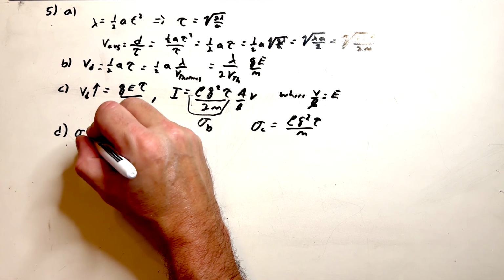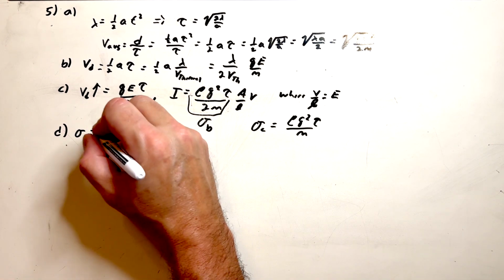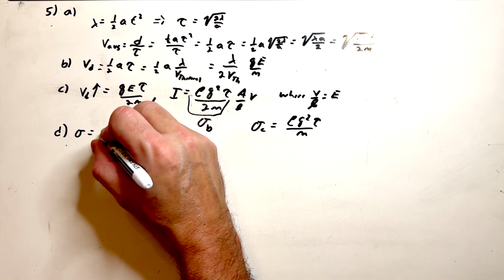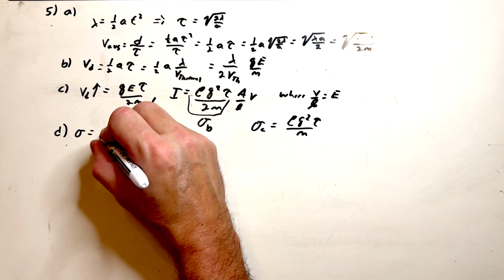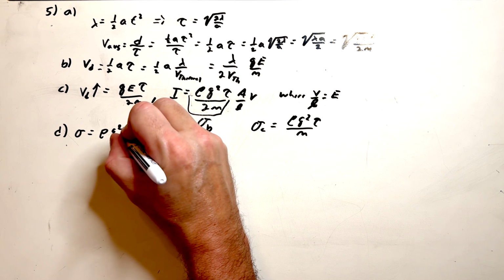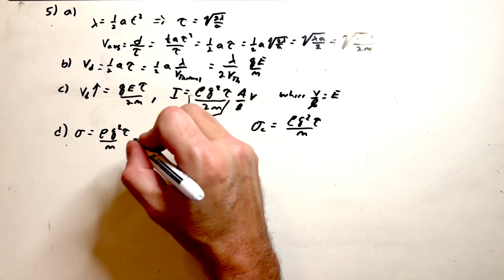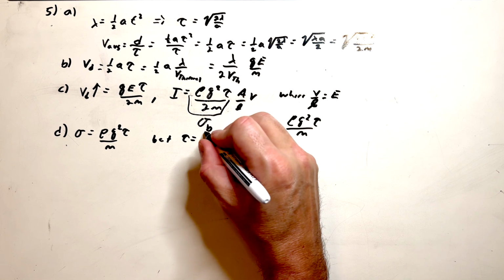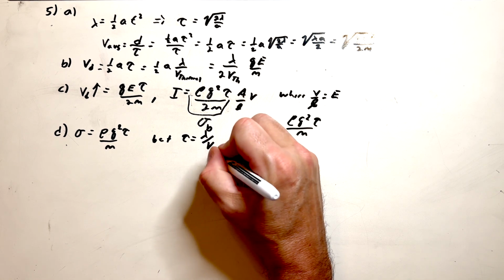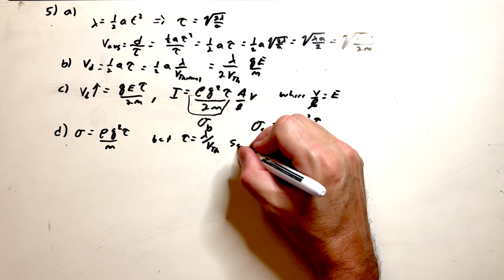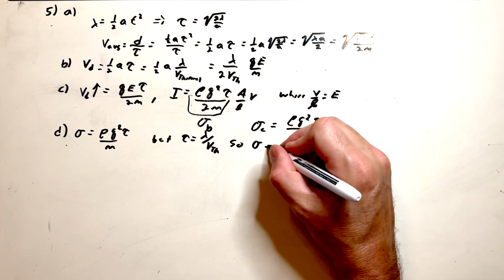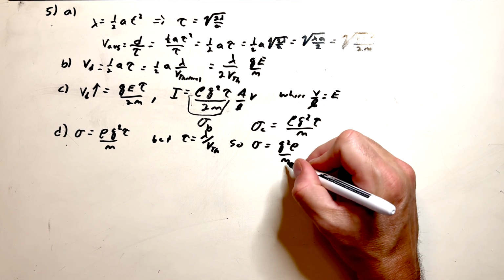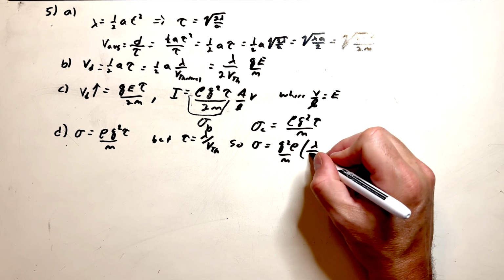So let's write down here, we've got sigma, and we'll use the conductivity that we got in class instead of the conductivity we got from the problem we worked here. It's going to be rho q squared tau over m, but tau is equal to lambda over V thermal. So sigma is going to be q squared rho over m times lambda over V thermal.